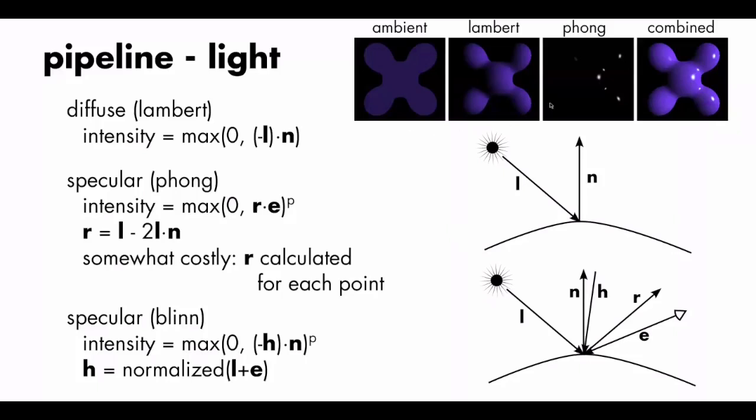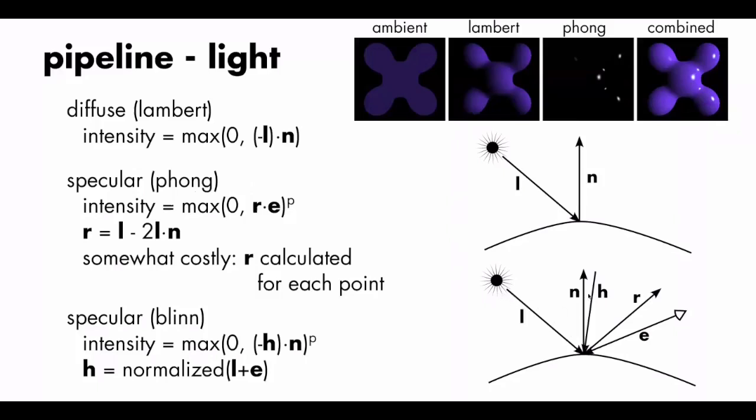There are other kinds of lighting, for instance 2 kinds of specular lighting, Phong and Blinn. These give little highlights. What you do in Phong lighting is reflect one vector along another.